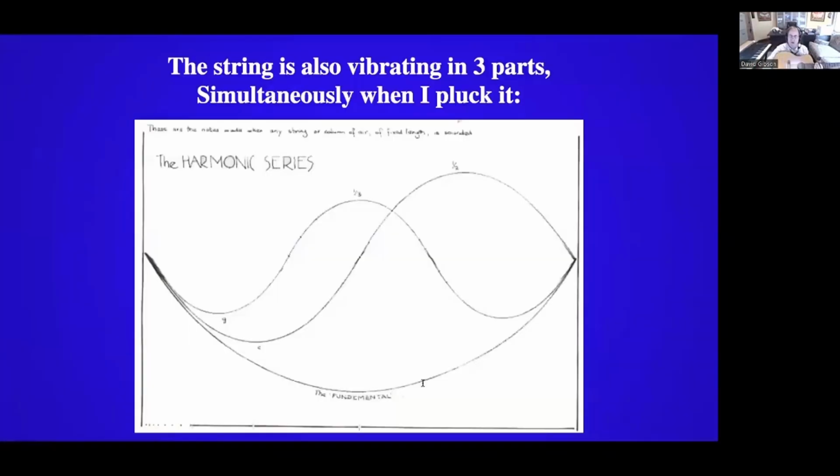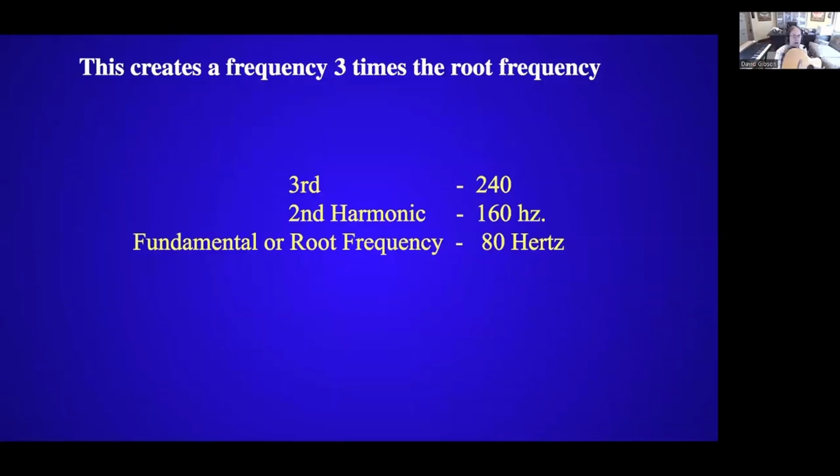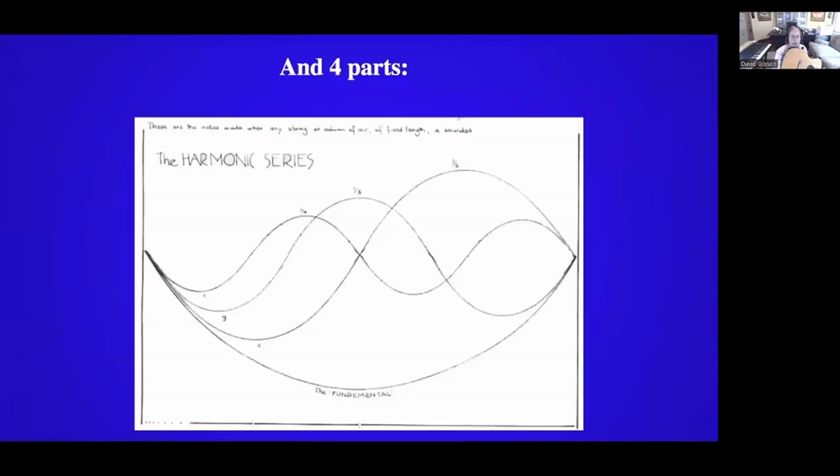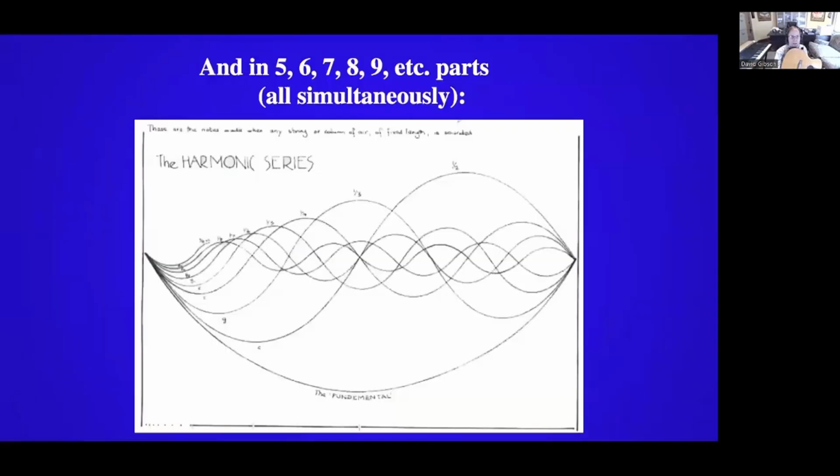But the string's also vibrating in three parts. It's going up and down in three different places, as well as two, and as well as the whole string, and 4 parts, and 5 parts, and 6 parts, and 7, 8, 9. There are 30 different vibrations in this string at once, and all the frequencies of those vibrations go up based on mathematical multiples.